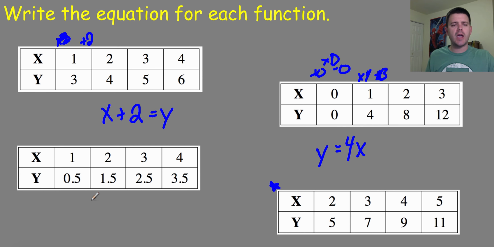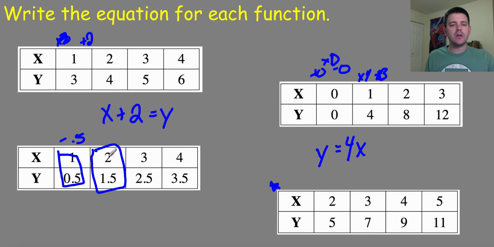Hopefully you're starting to get the hang of it. Next one, we've got some decimals. Doesn't mean they made it that much more complicated. It just means you've got to be a little bit more careful with it. So look at your x's. What do they do to get to the y's? Always look at them in pairs, the x and y's together. So to get from 1 to 0.5, they went down by 0.5. So I would think of it as subtracting 0.5.